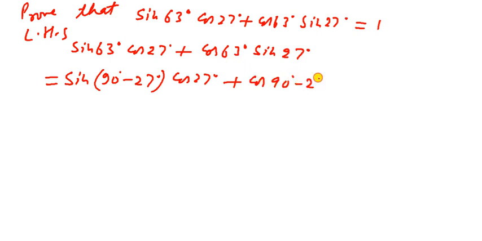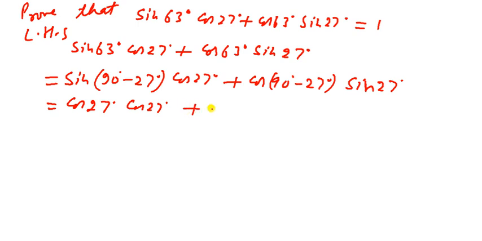So sin 63 is sin(90 degree minus 27 degree), and cos 63 will also be changed, so cos(90 degree minus 27 degree), and here is sin 27 degree.